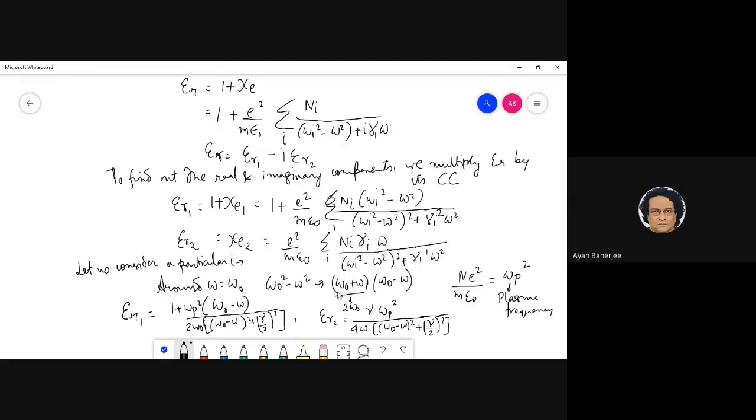Basically, I'm taking a particular mode. I'm breaking this into omega 0 minus omega and omega 0 plus omega, and I'm assuming omega 0 plus omega to be 2 omega 0. What happened to the other modes? This is obviously true for all of them. I'm taking one particular mode, so in principle you should have a summation over i.